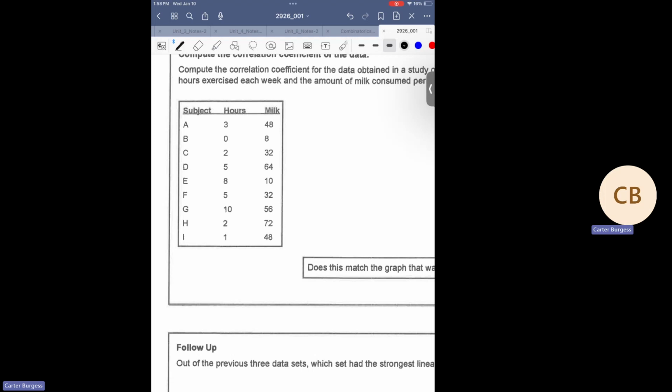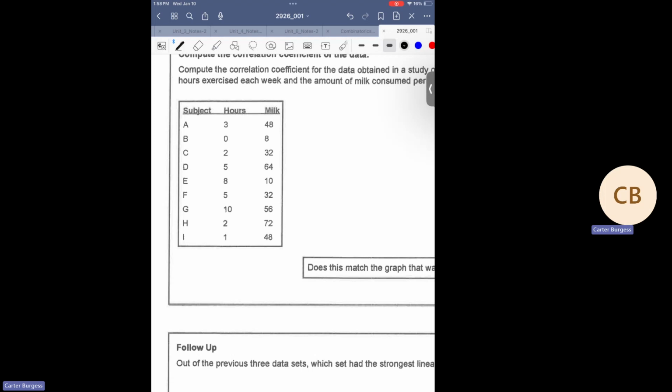Okay, it looks like yours doesn't have it. Yeah, you'll go to the third decimal.